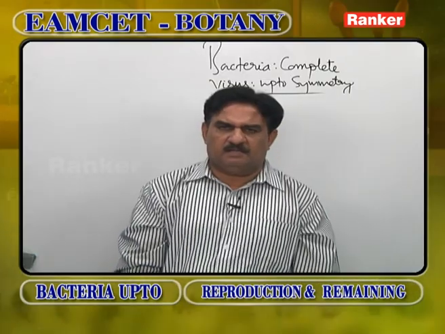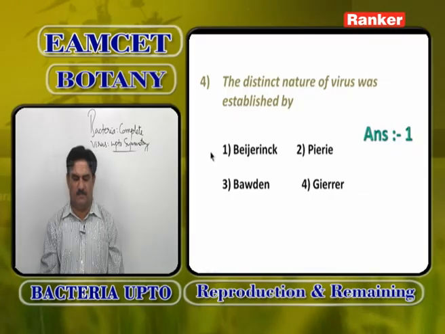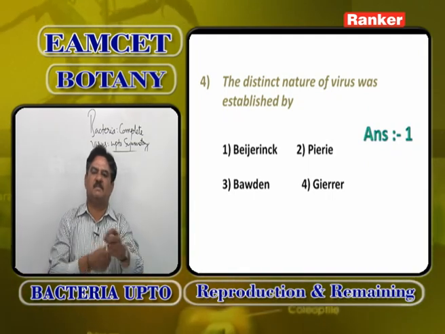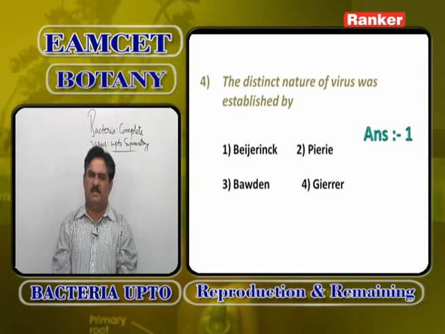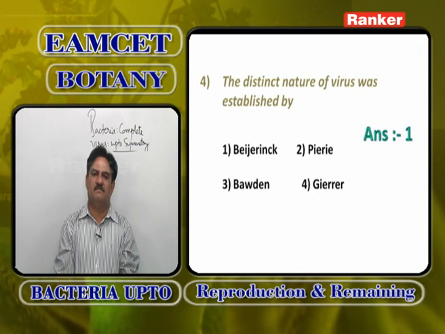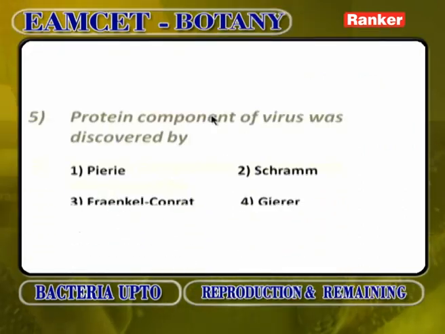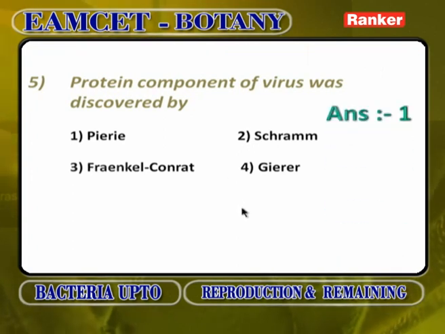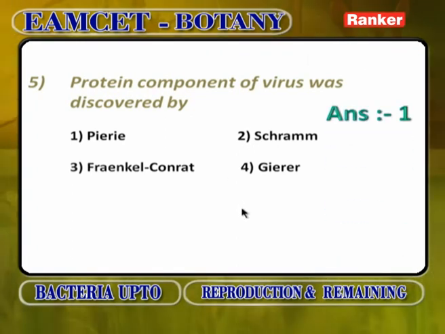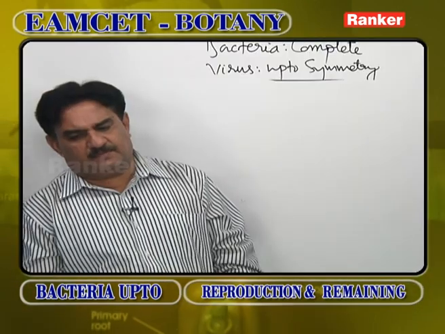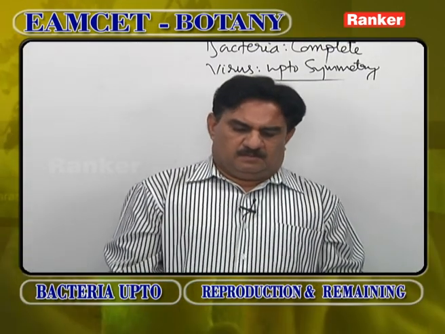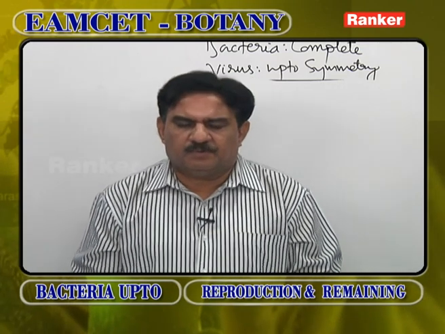Pirie, the chemical nature of viruses, along with Bawden; Gierer along with Schramm proved that the genetic material of virus is not only a genetic material but also causes diseases. Protein component of virus was first discovered by... Viruses are basically made up of nucleoproteins.